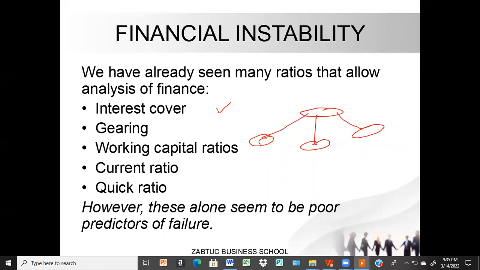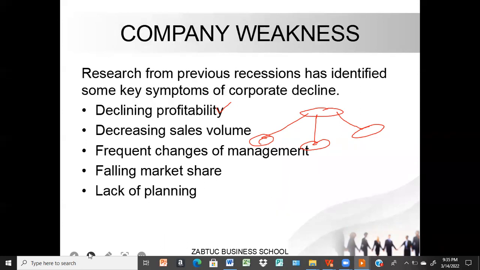And this is seen in these ratios. Interest cover is low, gearing is high, deterioration of capital ratios, current ratios are dropping, quick ratio is dropping. So financial instability is seen in the ratios. And these ratios simply indicate that your financial performance is going down and down. Company weaknesses.